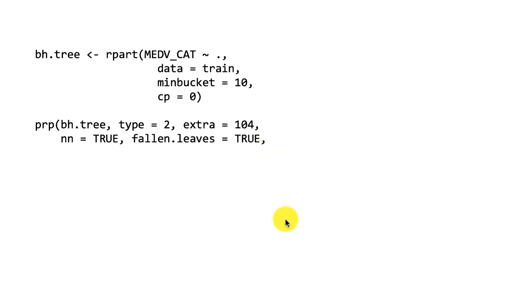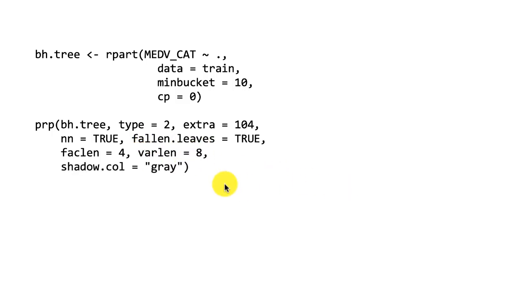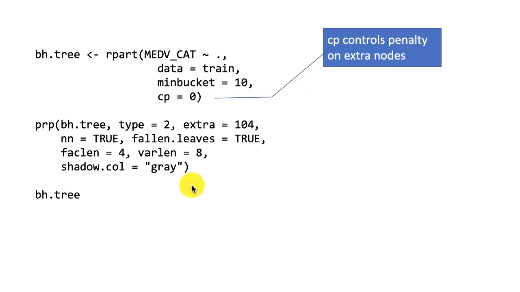That makes all the leaf nodes come at the same level, which is convenient. Otherwise, you could have leaf nodes appearing at many different levels, and that could be confusing. faclen is 4, varlen is 8, meaning even if the variable name is very long, just cut it down to 8 characters. shadow.col equals gray. We've seen that beneath every node there's a small nice looking shadow, and we want the color of the shadow to be gray. Okay, so all of this results in the tree being printed.